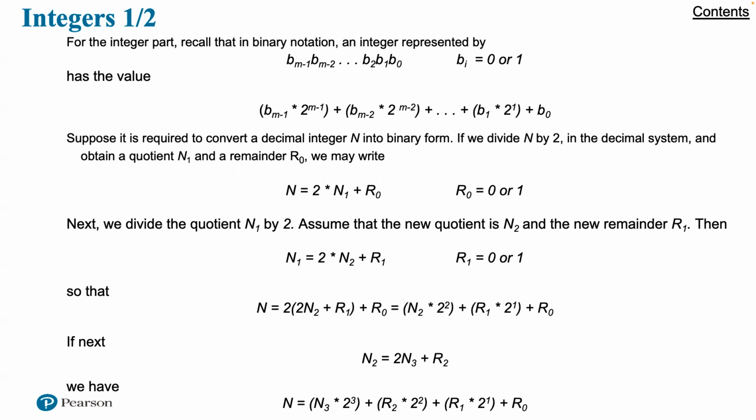Next, we divide the quotient n1 by 2, assume the new quotient is n2 and the new remainder is r1. Then n1 equals 2 times n2 plus r1, where r1 equals 0 or 1, and we can continue that process as we go along. Conceptually, this is definitely one way that you can conceive of doing this conversion.